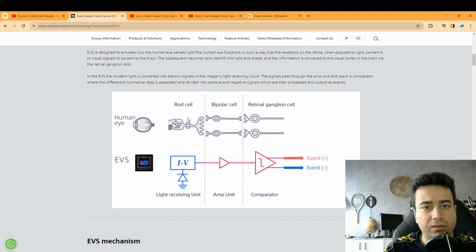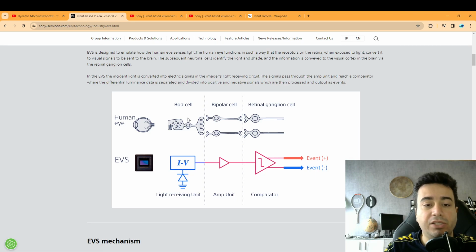I hope that I pronounced it correctly, which is a kind of medium to the visual cortex in the brain, to transfer the signal. So exactly the way that our human eye functions, EVS also is like that. There is a light receiving unit which basically converts photon energy to current, to voltage, and then it converts.